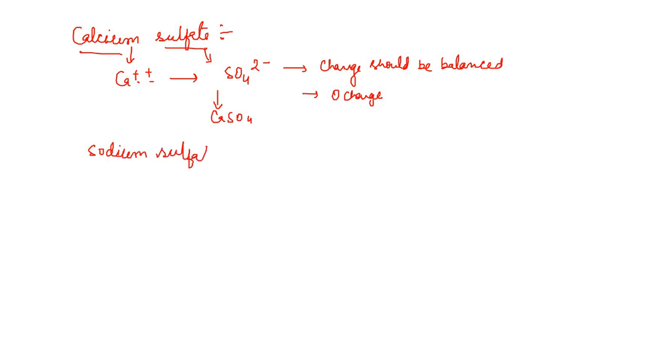Now how to write sodium sulfate? What is the cation? You have Na+. What is the anion? You have the sulfate group, which is SO4 2-. Now can I write the formula NaSO4, just as I did here? No, I cannot write that. Why?